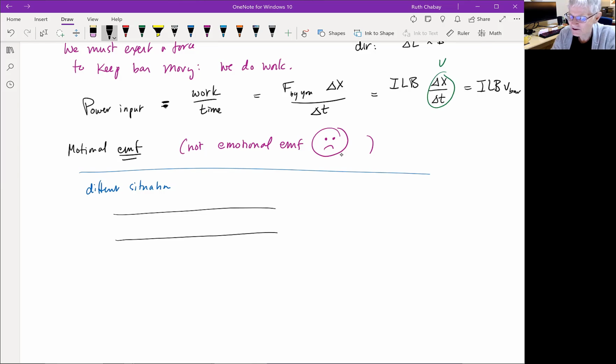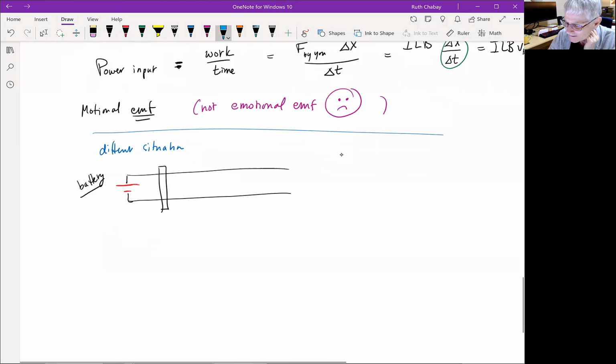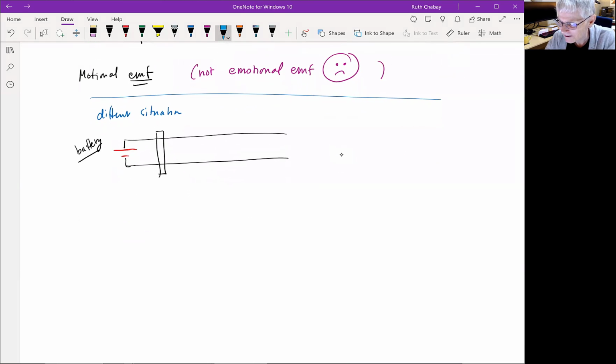So let's consider a different situation where we have a bar here on these conducting rails, but instead of a resistor, we actually stick in here a battery. And there's still a magnetic field out of the page.